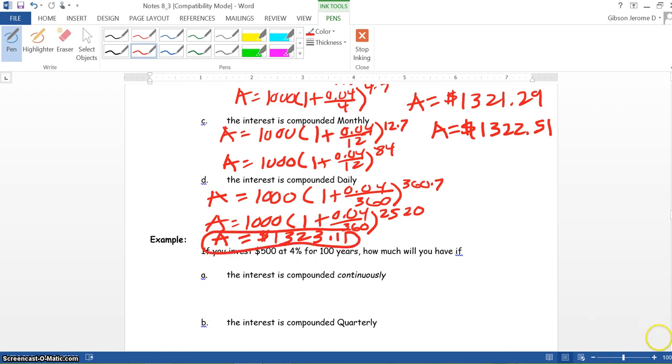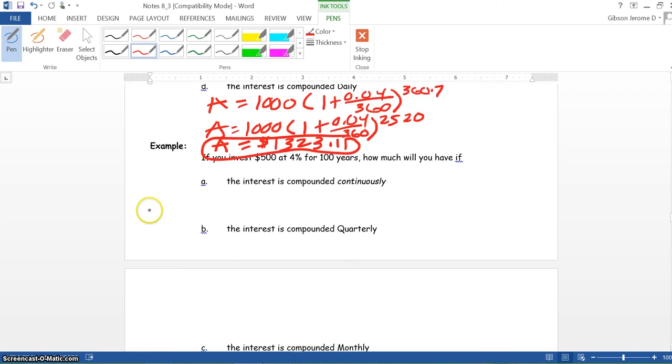Now we come to the next example. It says, if you invest $500 at 4% for 100 years, how much would you have if the interest is compounded continuously? And we have a few more examples here. But let's go here with continuously. A is equal to P times e to the RT. So A is equal to, our present value is 500, we have our e, our rate is 0.04, and our time is 100 years.